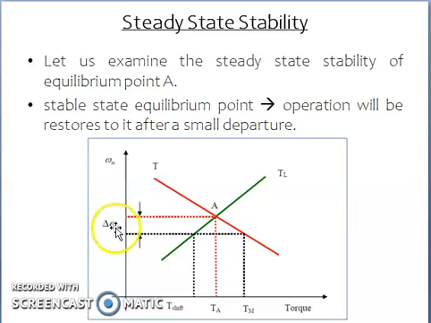Here it is shown. So there is a reduction in speed. At a new speed, motor torque is greater than the load torque. With this, motor will accelerate and operation will be restored again to A.